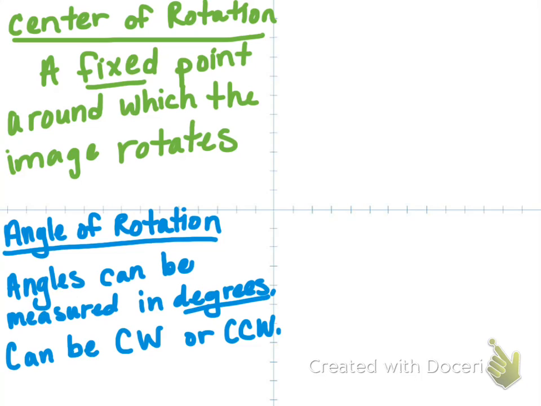So angles obviously can be measured in degrees, and we're going to be talking about 90 degrees, 180 degrees, 270, and 360. And then is it clockwise or counterclockwise? Clockwise obviously is the way that the hands on a clock go, and then counterclockwise is the opposite direction.